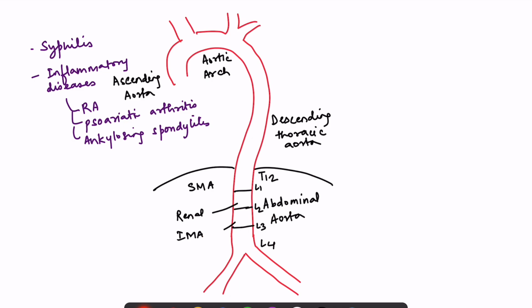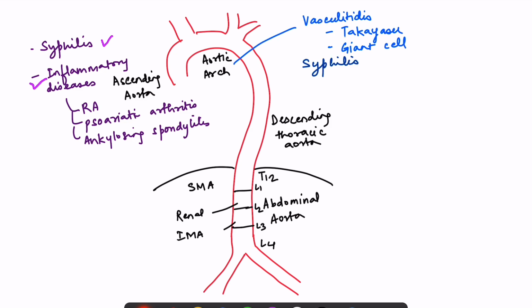Ascending aorta, most common causes are syphilis and inflammatory diseases like rheumatoid arthritis, psoriatic arthritis, ankylosing spondylitis. I told you that if there is inflammation also, that can cause the destruction of the collagen and elastin, right? Then aortic arch, mostly in syphilis.